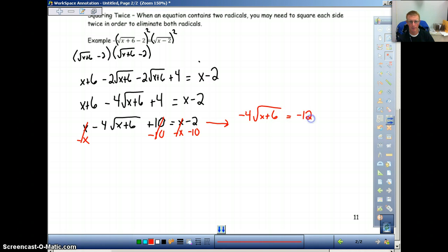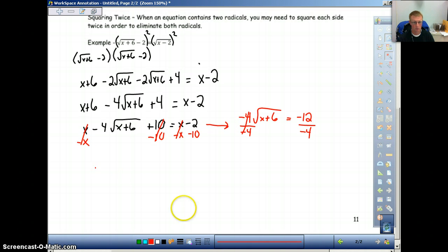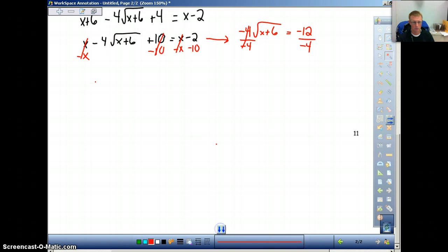Still, we have to get rid of this negative 4. Divide by negative 4. Divide by negative 4. So we are left with the square root of x plus 6 equals positive 3. Again, we're going to square both sides.